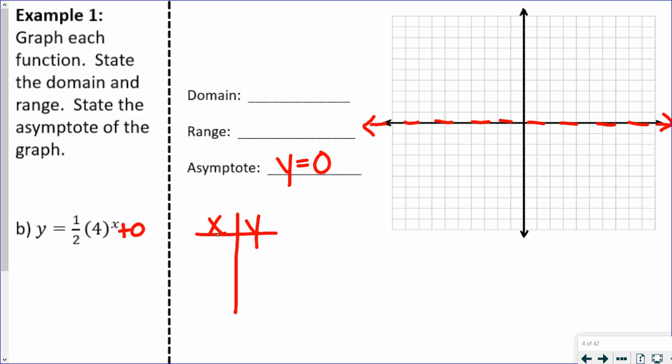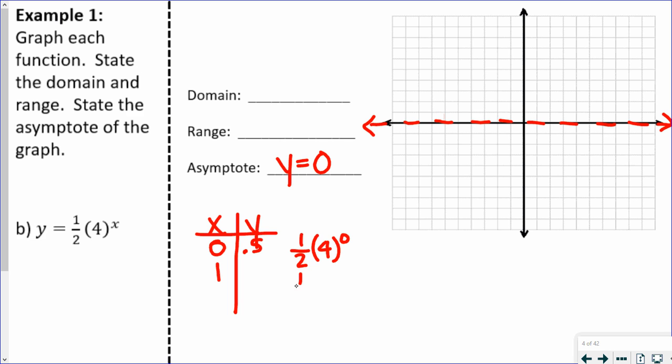I'll plug in 0 and 1 for the x value. You can pick any numbers to plug in, but I always like to pick easy numbers. So then I would do 1/2 times 4 to the 0 power. 4 to the 0 power is 1, because anything to the 0 power is 1. So 1 times 1/2 gives me 0.5, or 1/2.